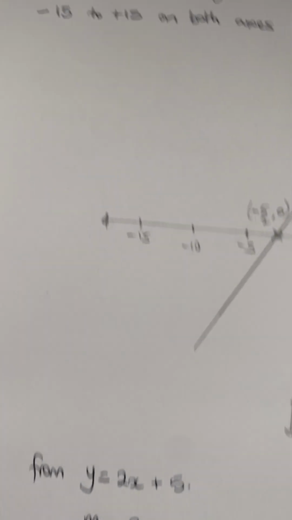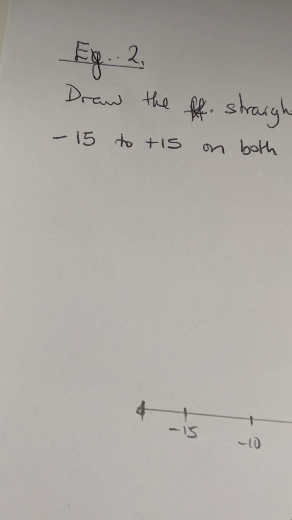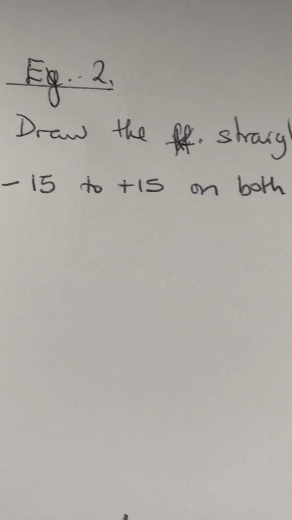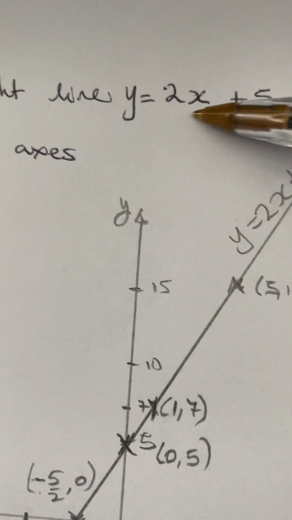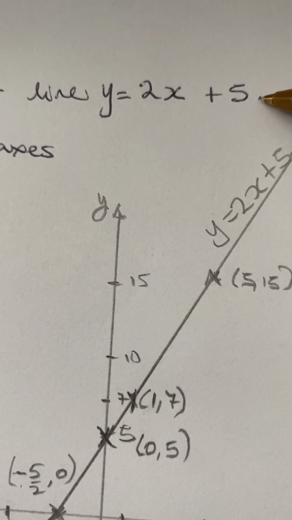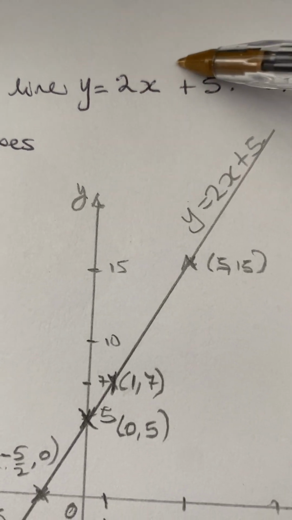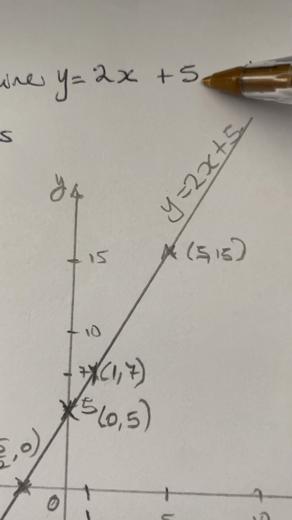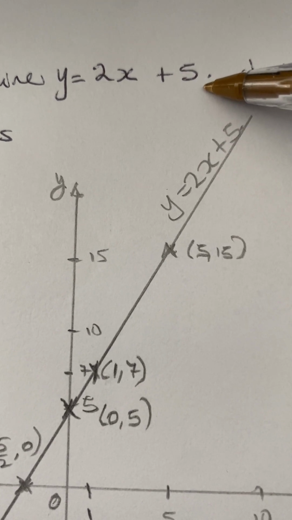Now, the second example I want us to look at before we stop today is draw the following straight line y equals 2x plus 5. So straight away, your y-intercept is (0, 5).